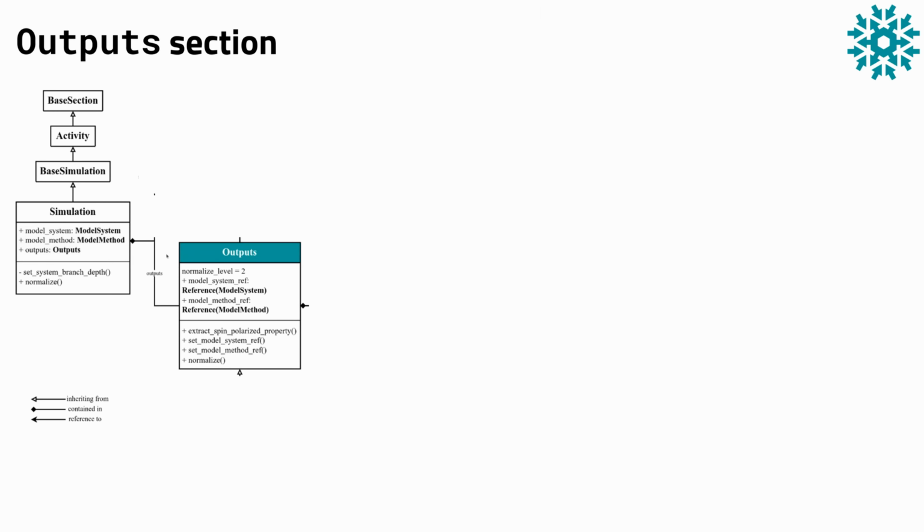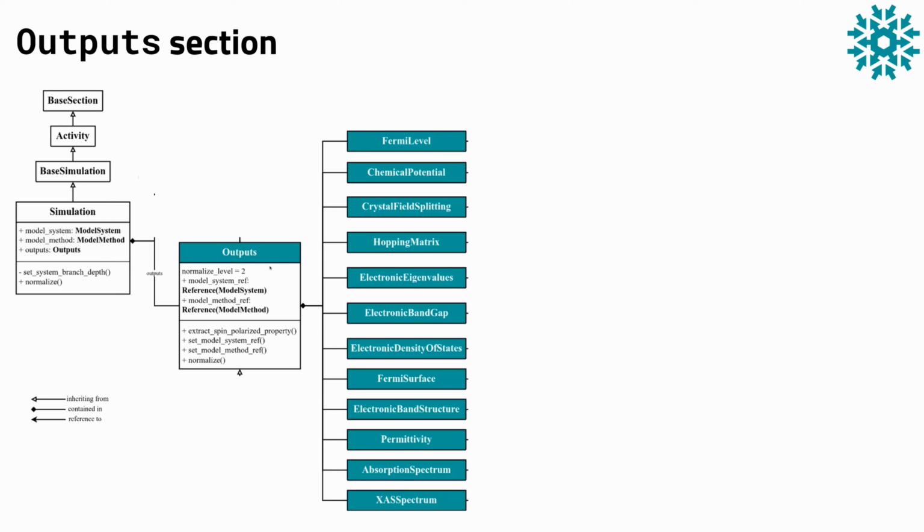So if you have a simulation, we have a subsection called outputs, and then we have a full list of subsections. All of them are related to things that you can simulate and obtain from simulations. And the idea is just to keep extending this long list to cover all the potential things that come from this taxonomy task force.